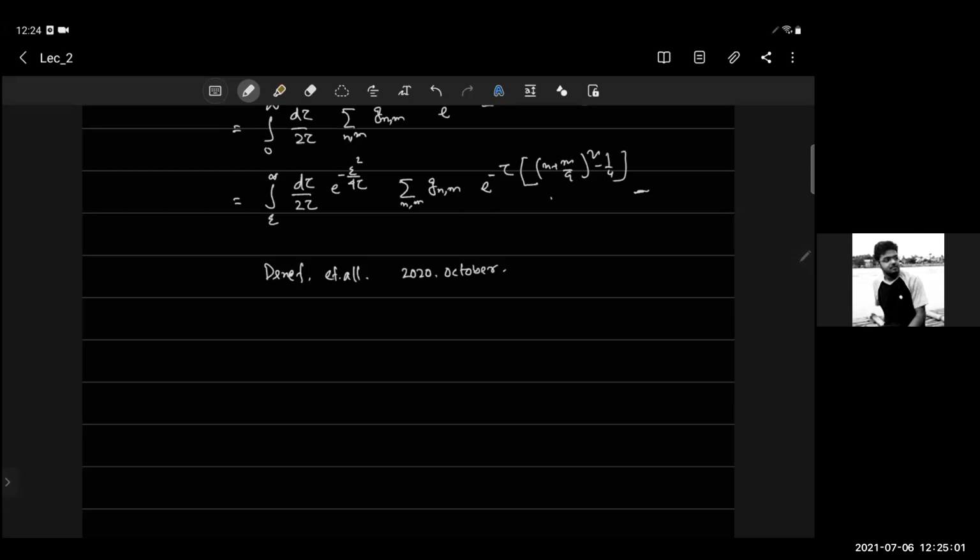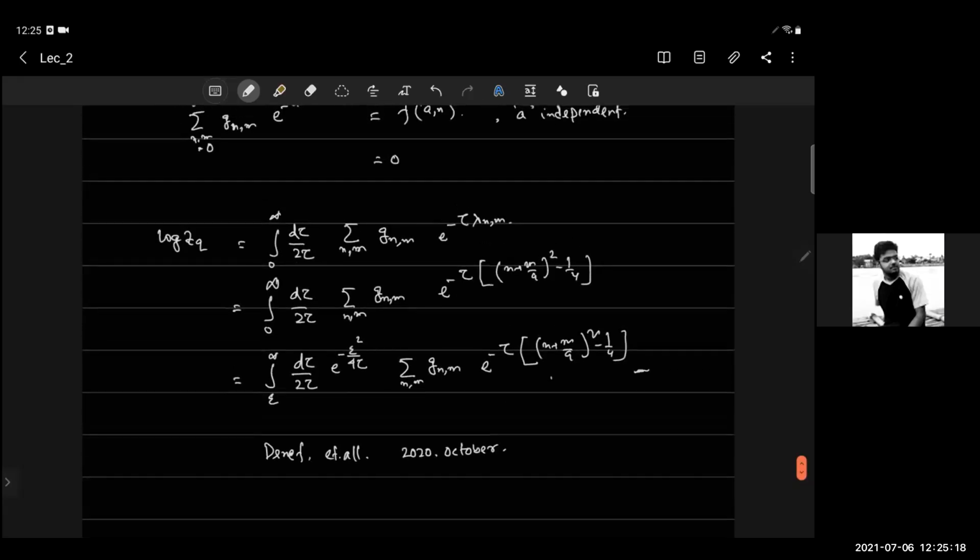Okay, if any step is not clear, please let me know. Just one small minor thing. This should be n plus m by q plus half, whole square, minus 1/4. Is it half?